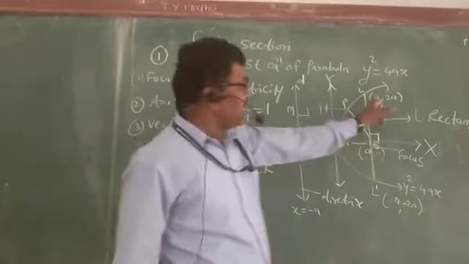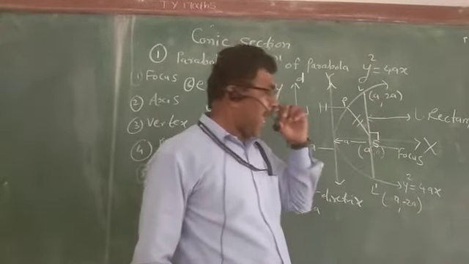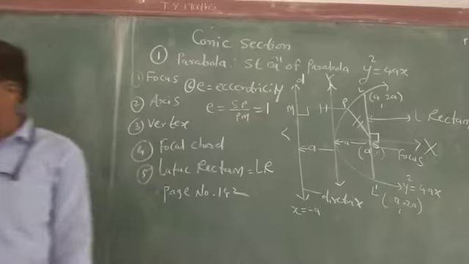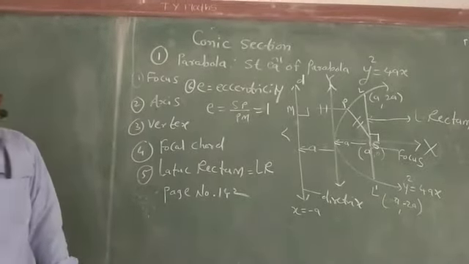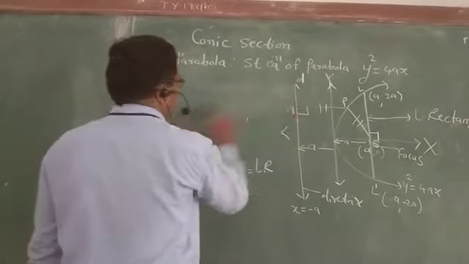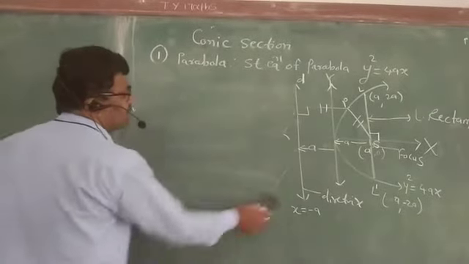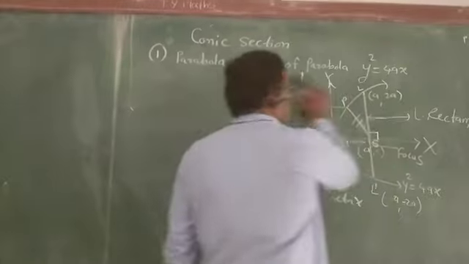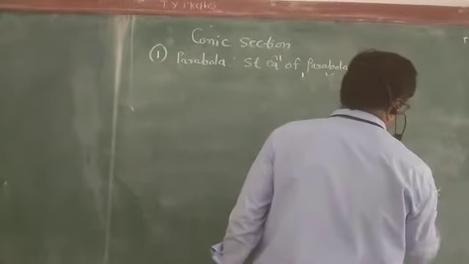End points of latus rectum are A, 2A and A, minus 2A. See over here, first parabola, that is quadrant first and fourth.